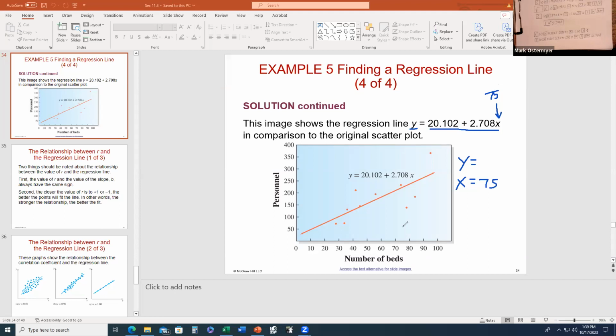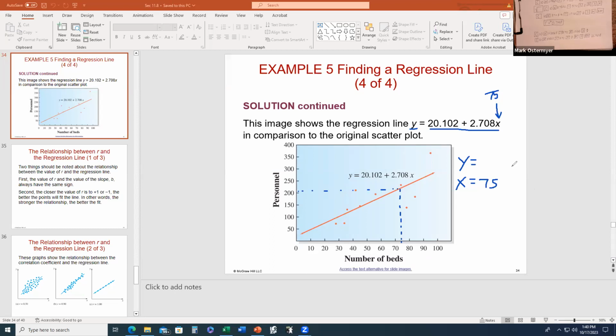You do it on your calculator, and I'm going to get an approximation from my graph here. I would say just over about 200.